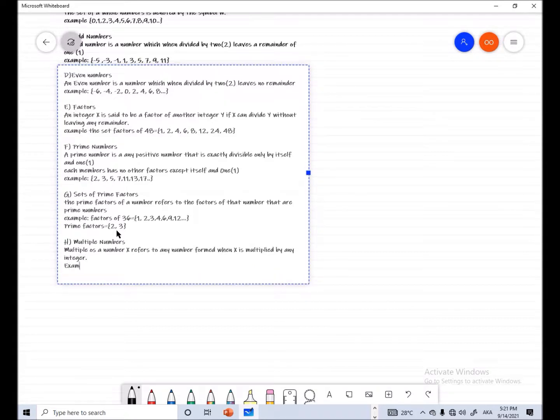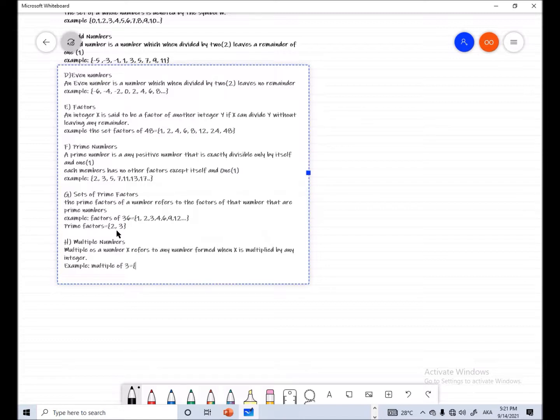Okay, so let's talk about an example. When we talk of multiples of 3, just think about multiples of 3.